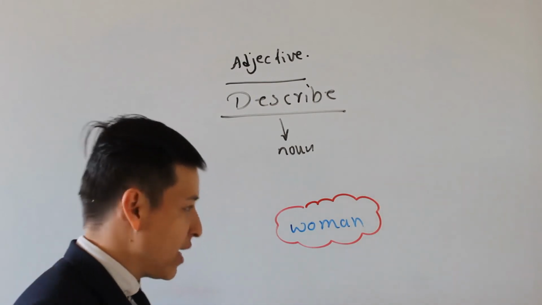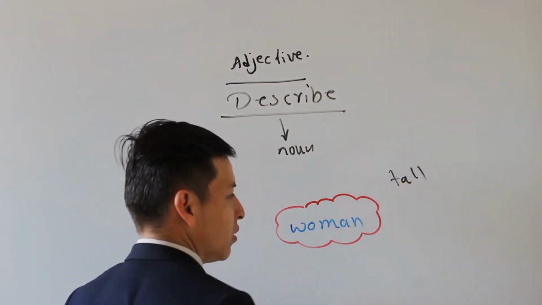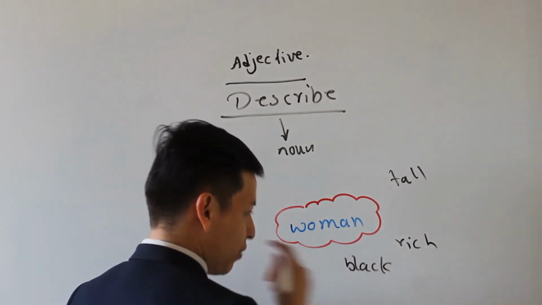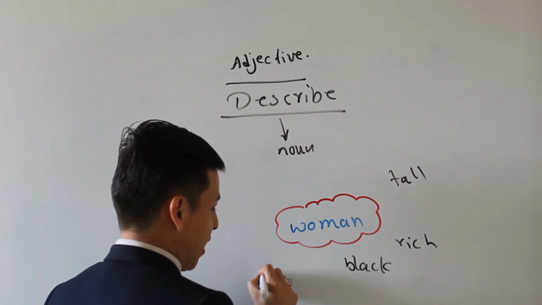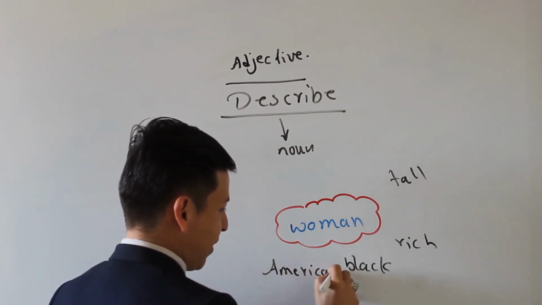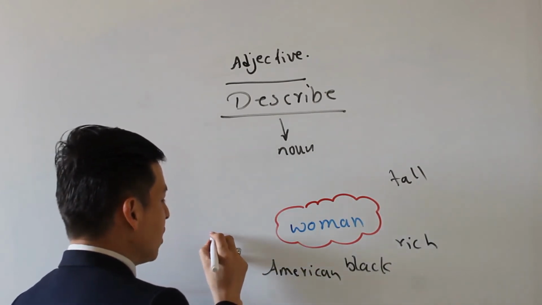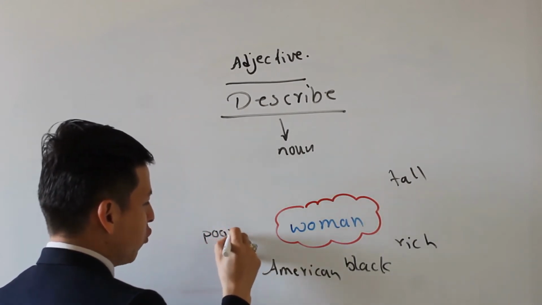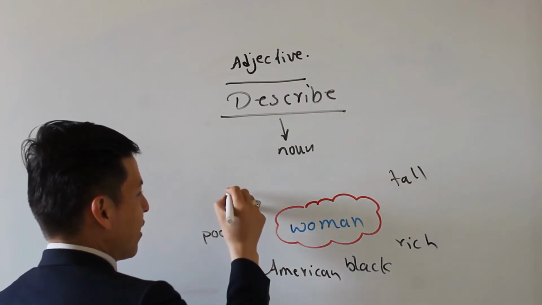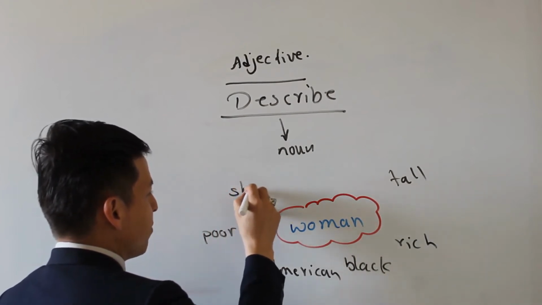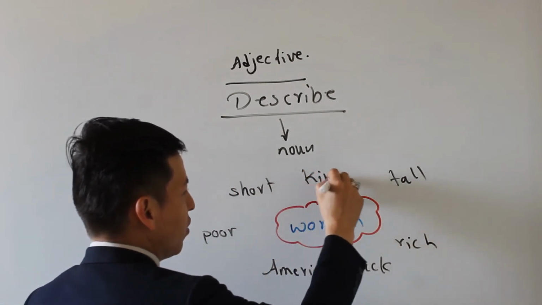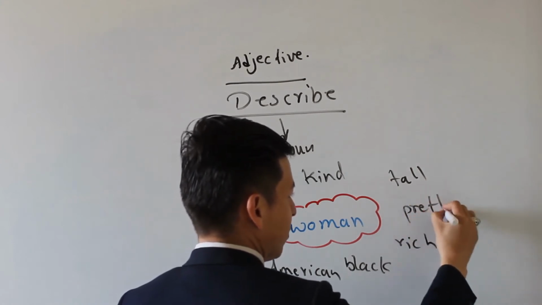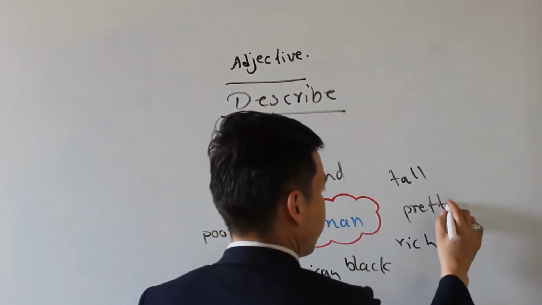For example, a tall woman, a rich woman, a black woman, an American woman, a poor woman, a short woman, a kind woman, and so many more, a pretty woman.